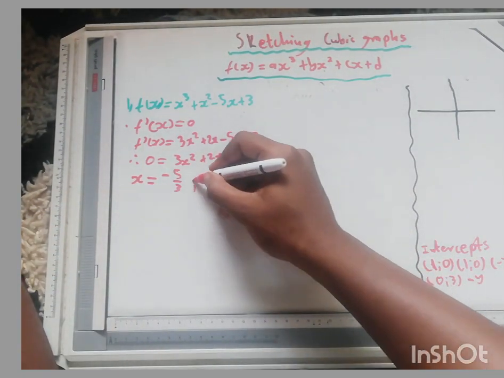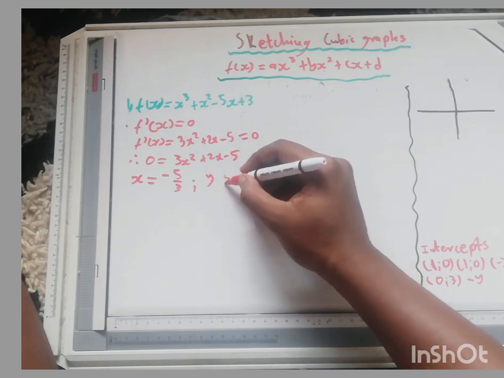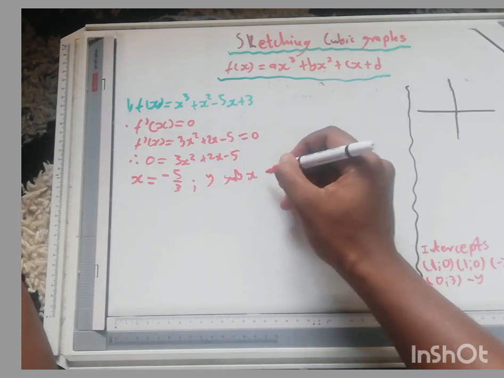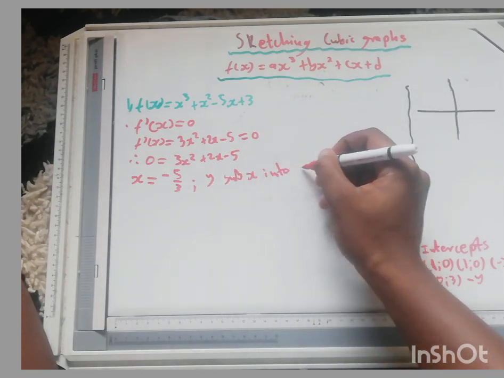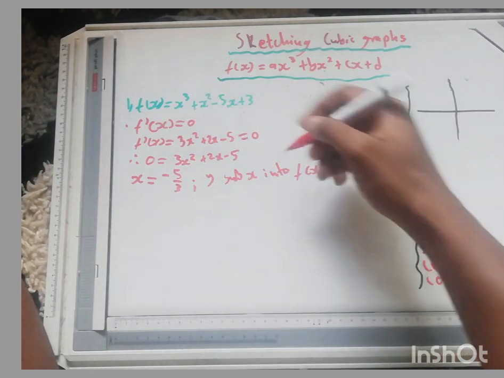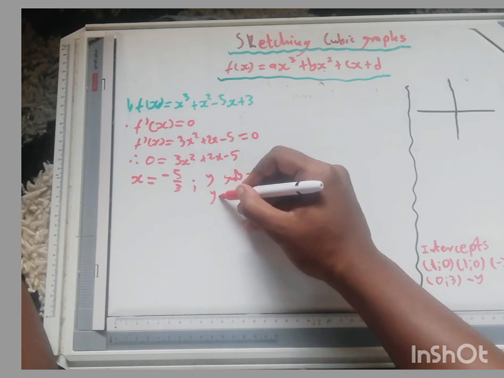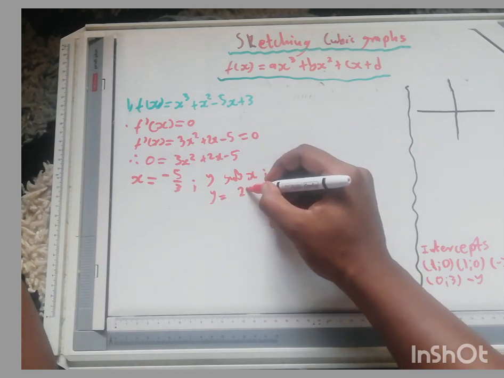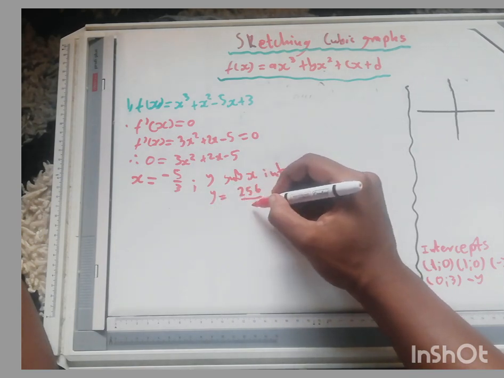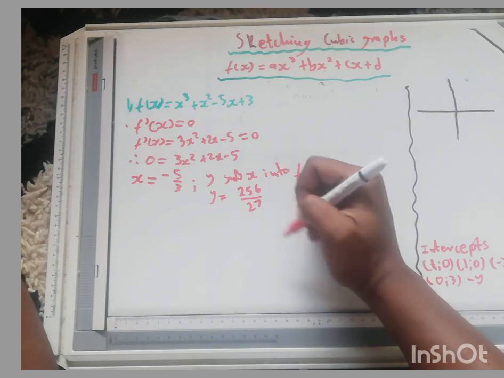And then remember, to get the y value, I have to substitute the x into what? The original f of x, not the first derivative, the original f of x.